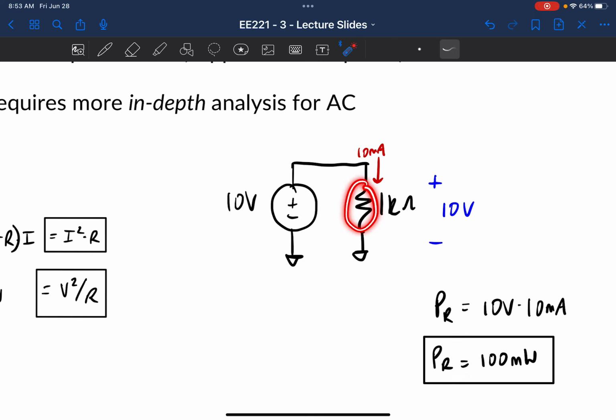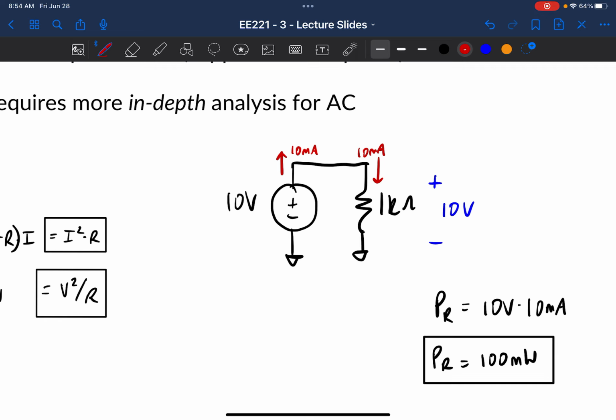We figured out the amount of power dissipated by this 1 kilo ohm resistor. Or we can characterize a system or circuit by the amount of power supplied by a source, like a current source or a voltage source, or we can analyze a combination of these things. We can analyze the amount of power supplied and the amount of power dissipated.